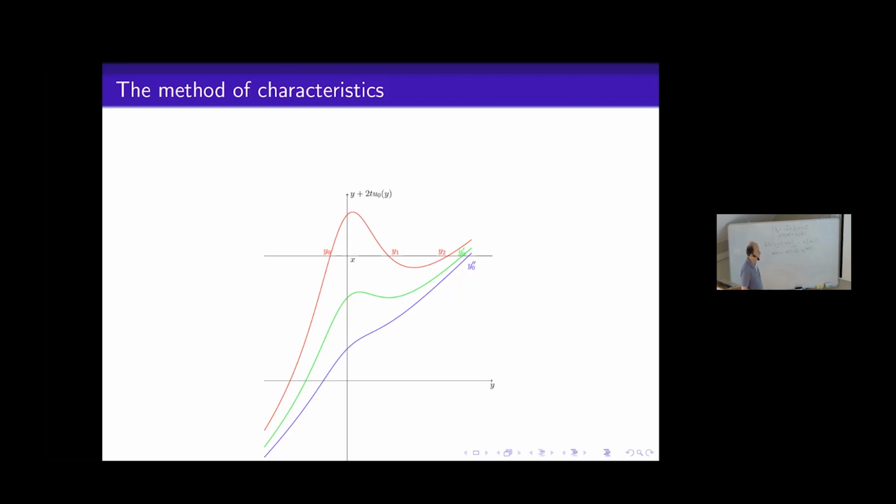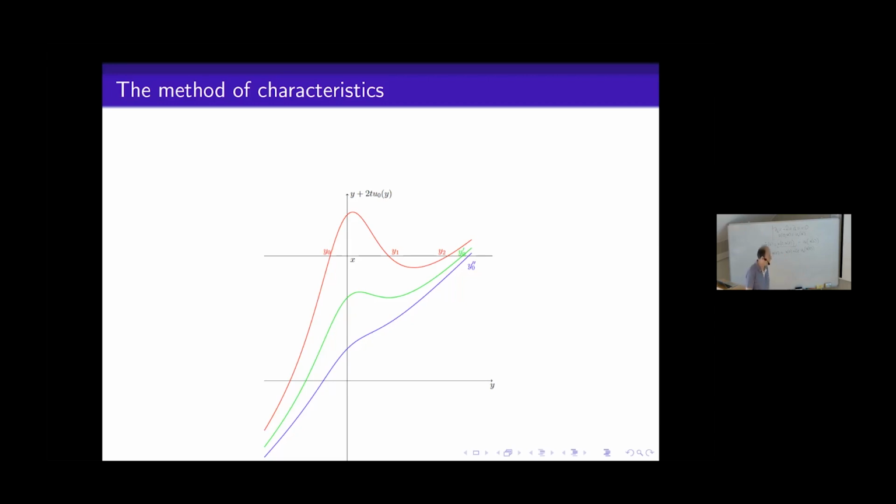So for instance, for the blue line, which corresponds to a small time, there is always exactly one characteristic corresponding to x. For the green line, it depends, okay? And there might be several, but here there is just one. And for the red line, which corresponds to big time, then for my x there will be three different characteristics which will cross at time t, okay?